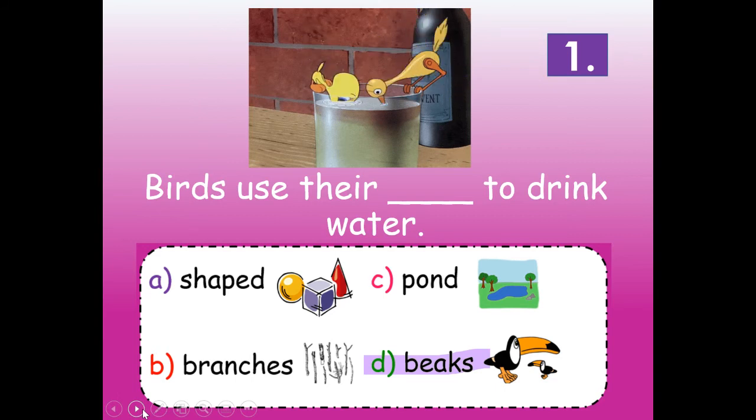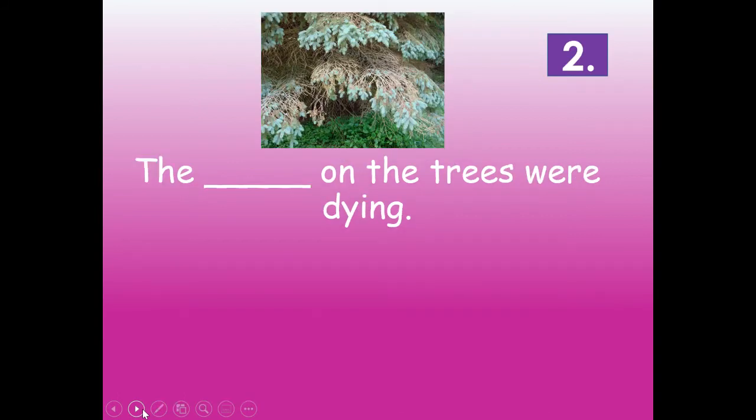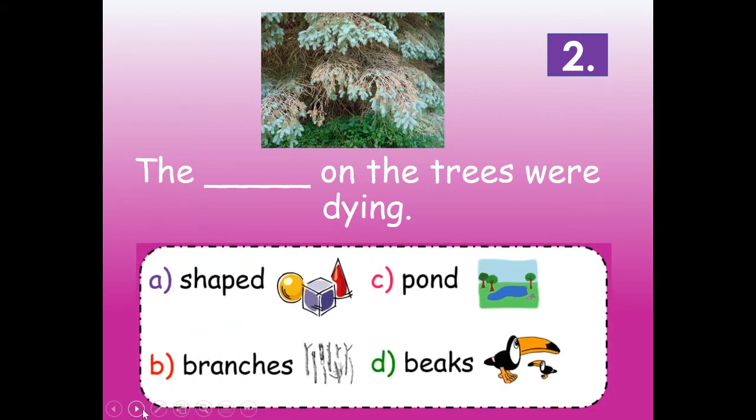Number 2, the blank on the trees were dying. The blank on the trees were dying. What do you think fits there? The shaped on the trees were dying, the branches on the trees were dying, the pond on the trees were dying, or the beaks on the trees were dying.